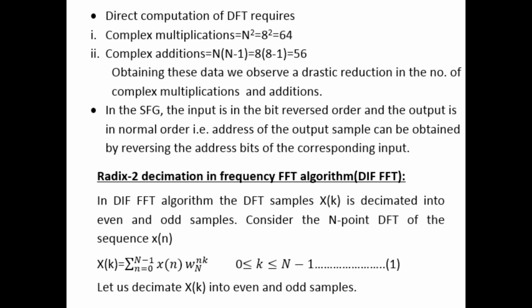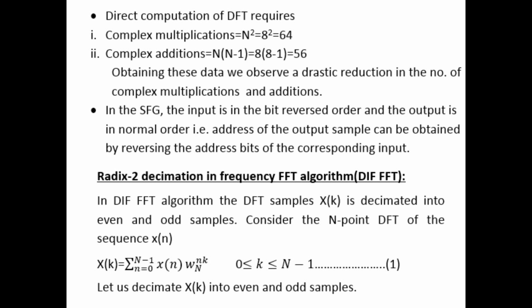Next, we are going to discuss radix 2 decimation in frequency FFT algorithm or DIF FFT algorithm. In DIF FFT algorithm, the DFT samples x of k is decimated into even and odd samples. Consider the n-point DFT of the sequence x of n.